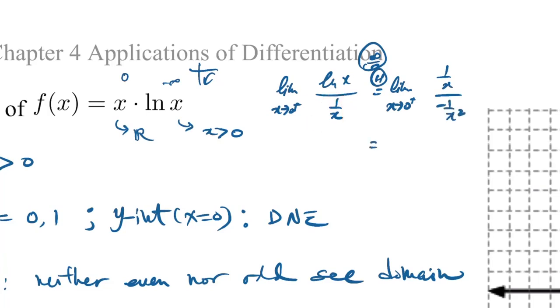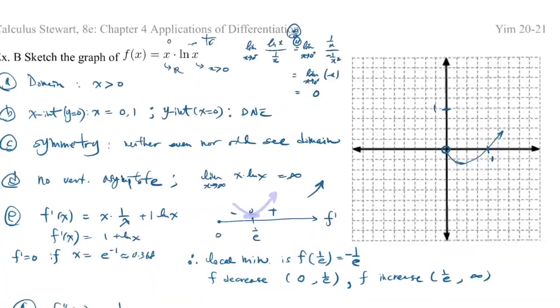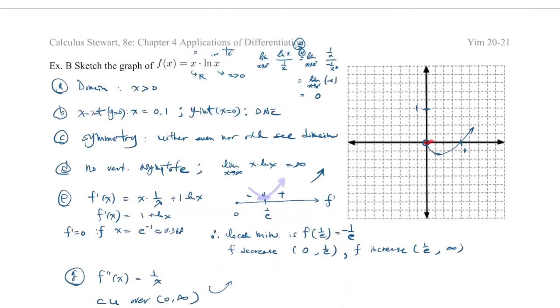When you rewrite that, what do you end up with? That's simply negative x, isn't it? So that's telling me I'm approaching 0 from the negative side, from the bottom up. That makes sense, right?